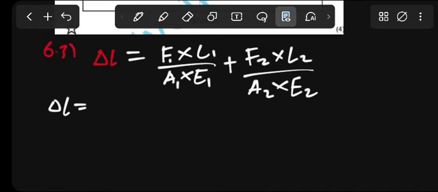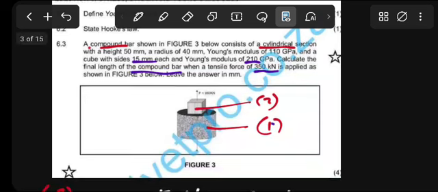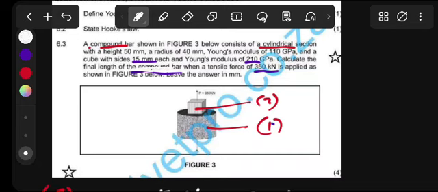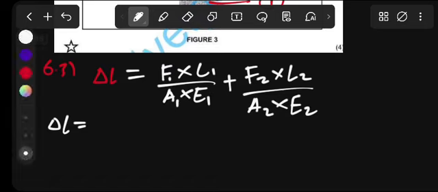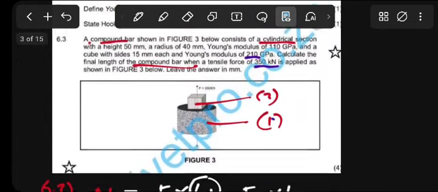What is the force? Remember, the force is the same, 350. We're told that 350 is acting on the whole compound. So in kilonewtons, we have 350 kilonewtons, times 10 to the power of 3, multiplied by the length of object 1.